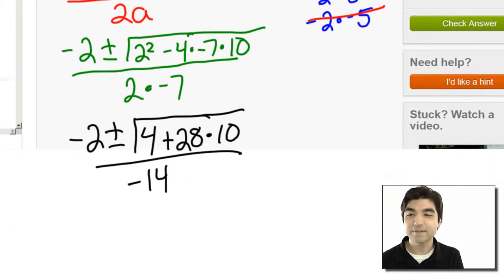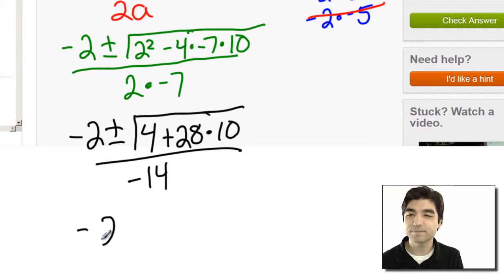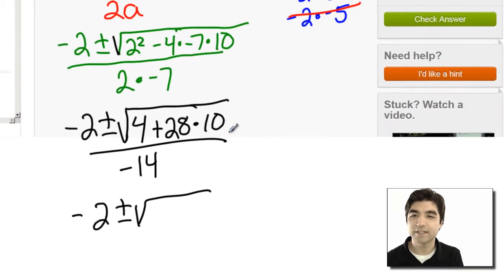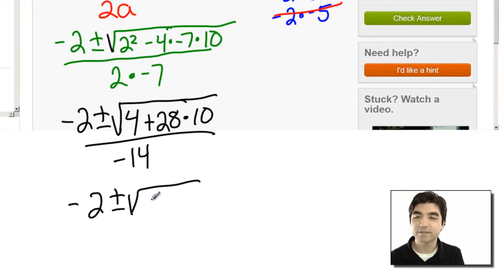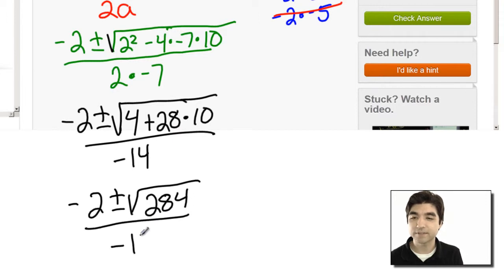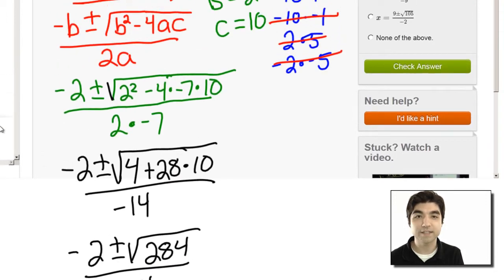Okay, then we can keep going. So negative 2 plus or minus the square root of, wait, this should be square roots, sorry. 28 times 10 is 280, plus 4 equals 284, divided by negative 14.